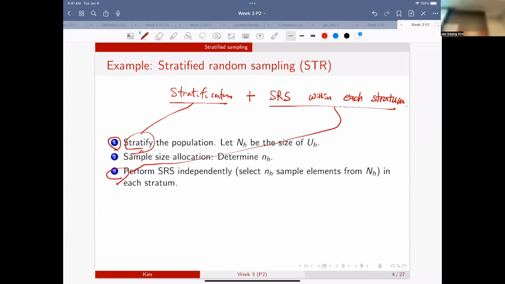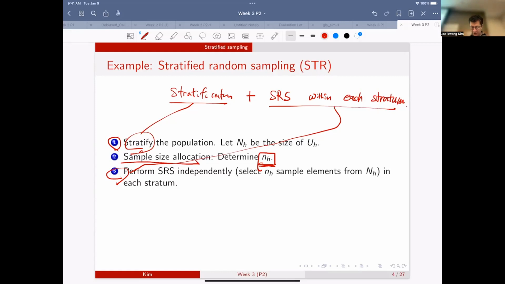But when you do simple random sampling, you implicitly assume that the sample size is known, right? The sample size is given. So that means we need to determine the sample size first, before we do simple random sampling in each stratum. That is actually an additional topic in stratified random sampling, because you need to first determine the sample size for each stratum.